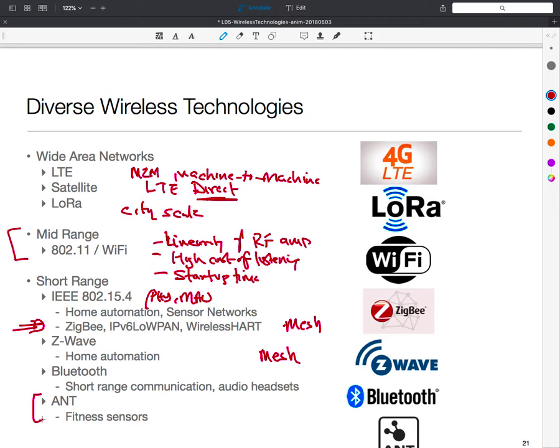This was designed for, like I said, heart rate sensing, very low data rate systems. And Bluetooth suffered from both much higher power consumption and also very high pairing time.